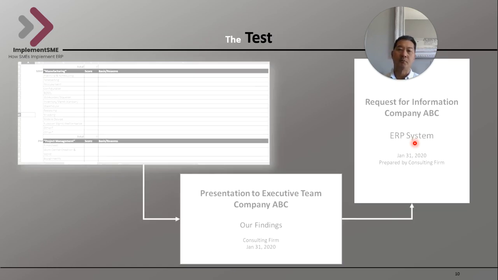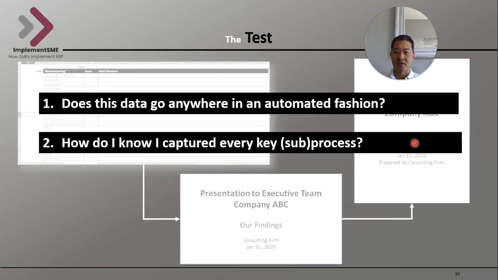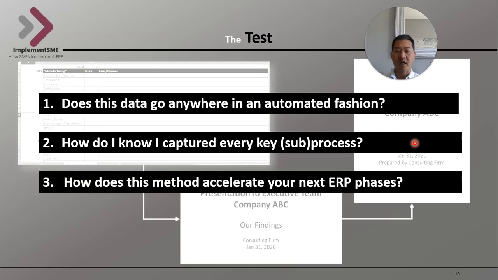Okay? And here's the test to apply. First of all, the data that you put into these documents, these static files, do they go anywhere? The second one, which is even a bigger test question, how do you know you captured every key process and every key sub-process within the process? Third one is, how is this going to be used to really accelerate the next phase of your ERP lifecycle, whether that is requirements gathering, whether that's system selection, whether that's the actual implementation.